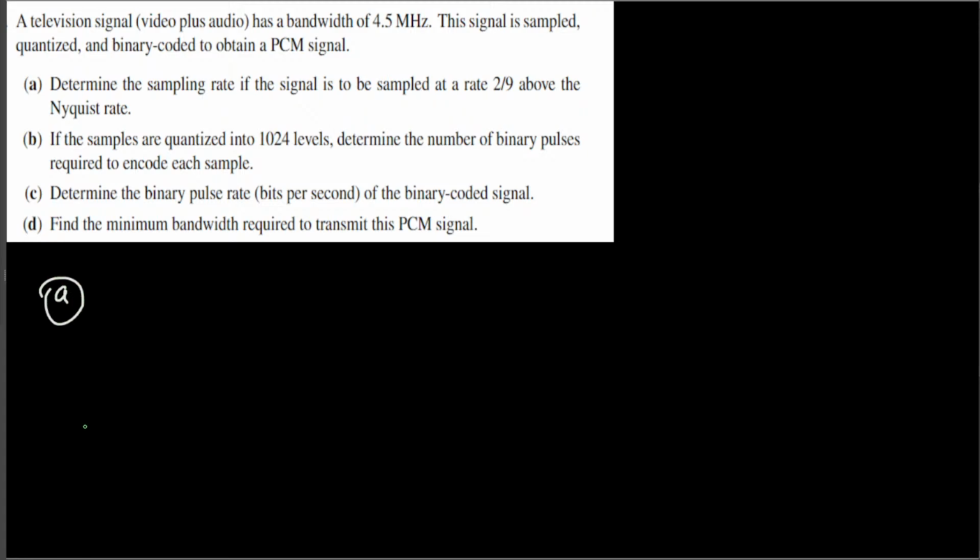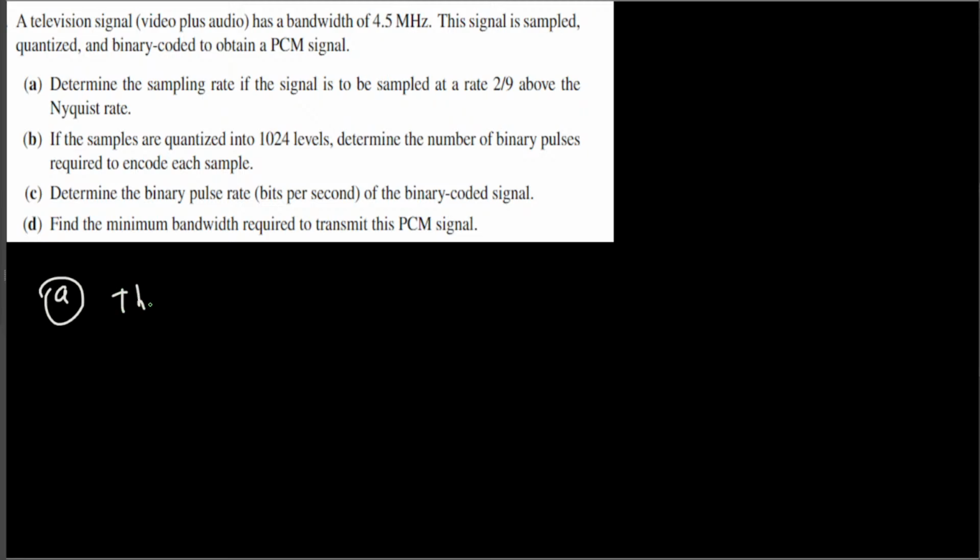In the A part they have requested to find out the sampling rate, and they have also mentioned that this is to be sampled at a rate of 2/9 above the Nyquist rate. So let's look at this. Here the given bandwidth is 4.5 megahertz.